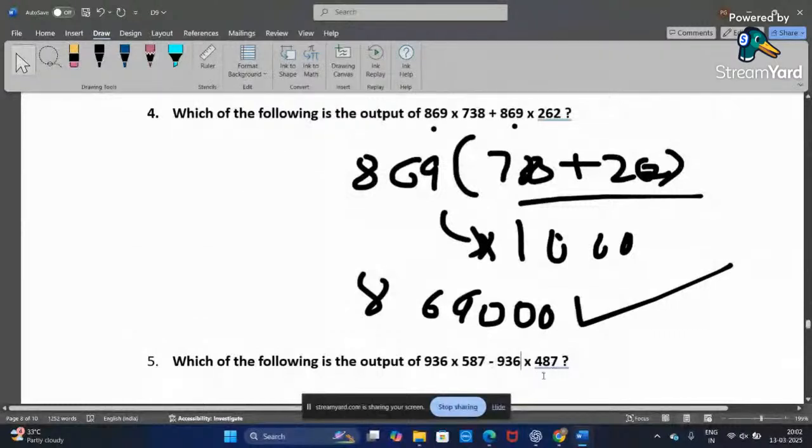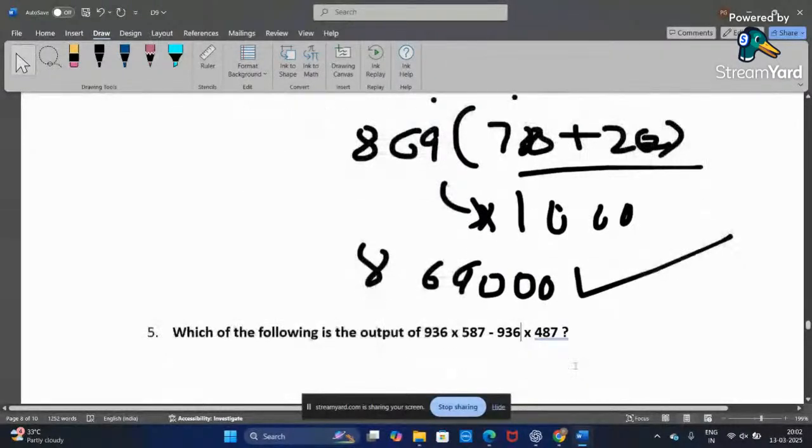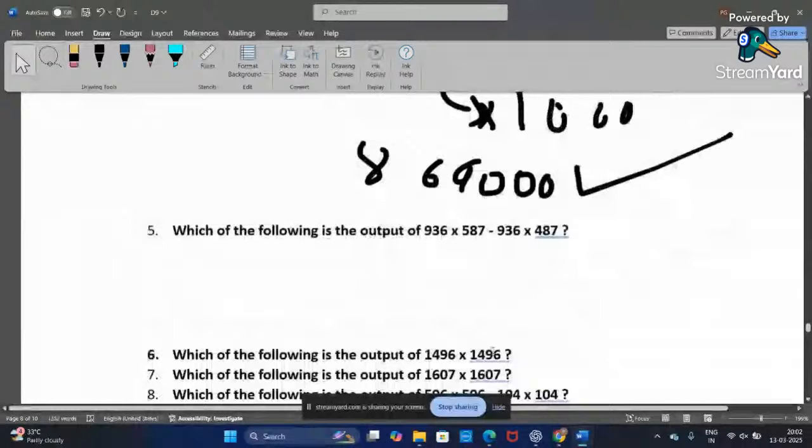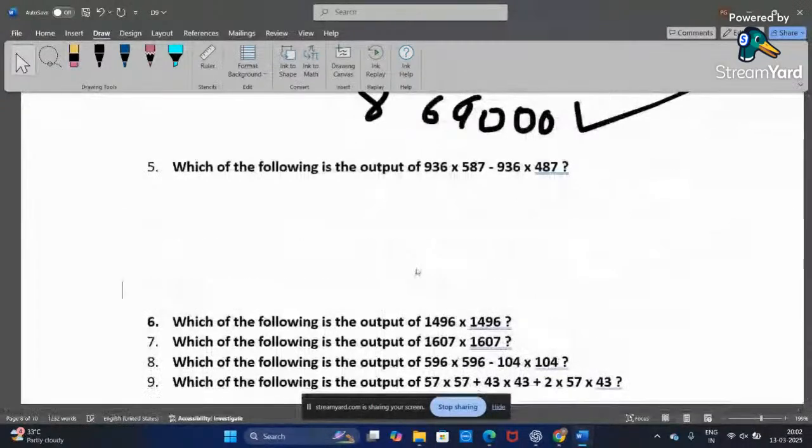We'll get 100. You have to multiply 936 into 100, so how much will we get? 93600, right? Yes. Solve this by yourself. So we'll move on to the next.